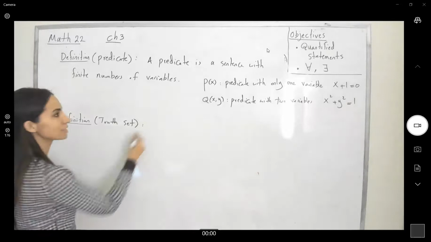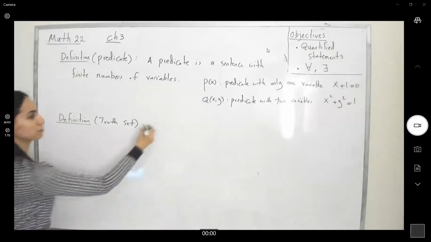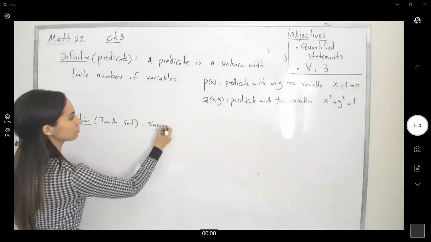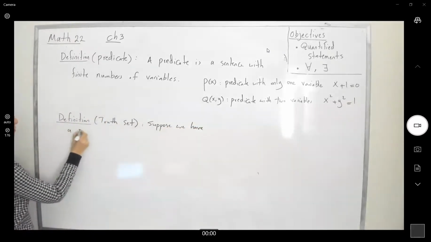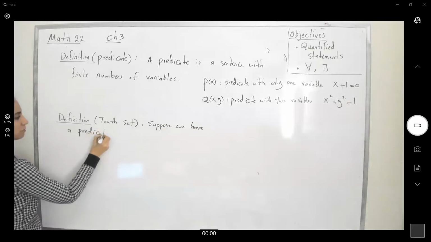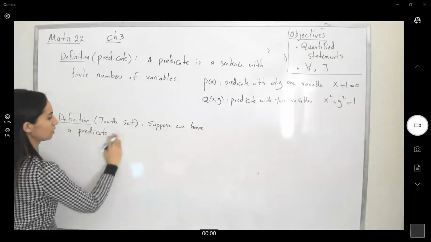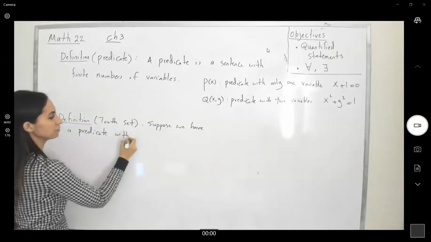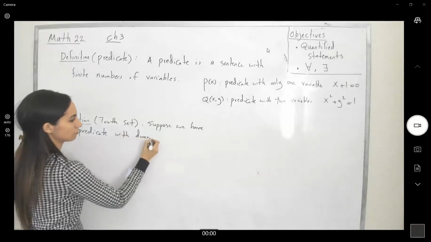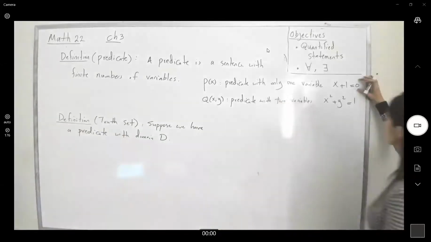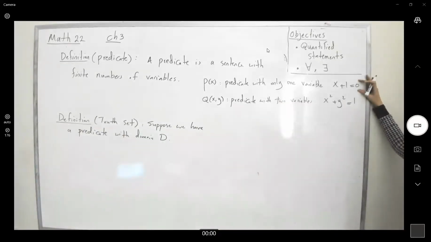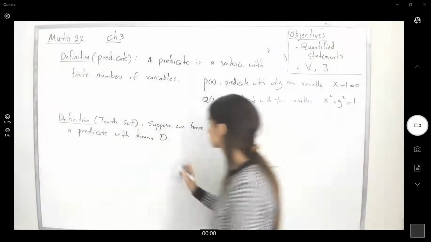So, a truth set for a predicate. Suppose we have a predicate with domain D. For example, if you look at this predicate in one variable with domain D, we assume that the domain is all real values, all numbers.